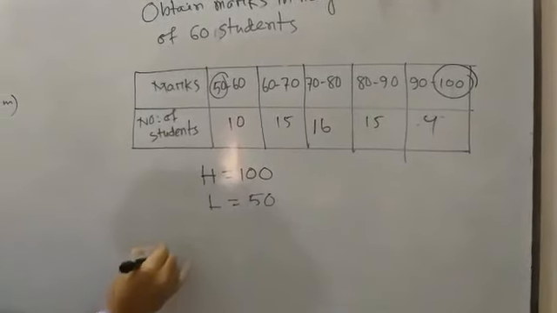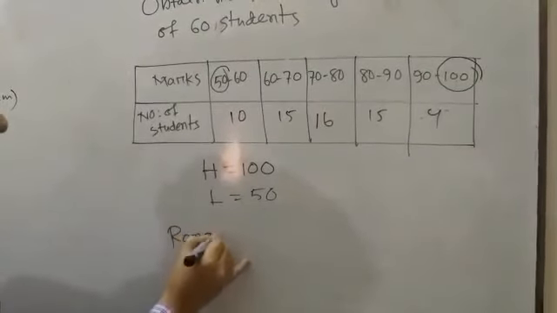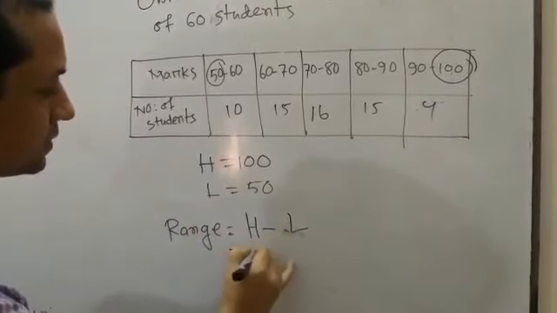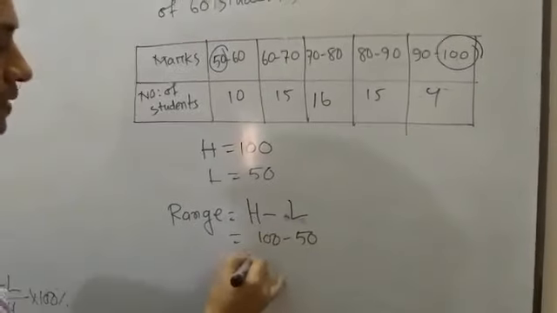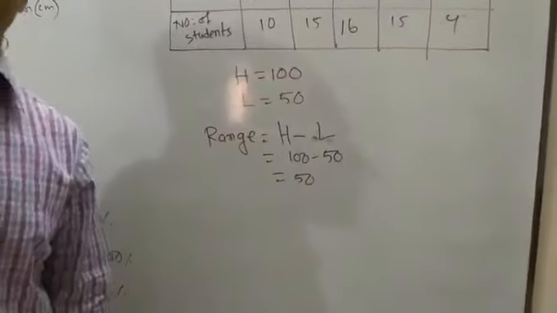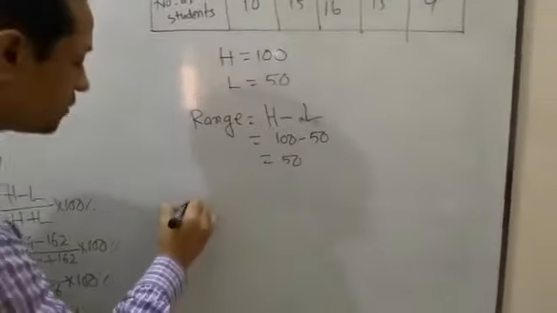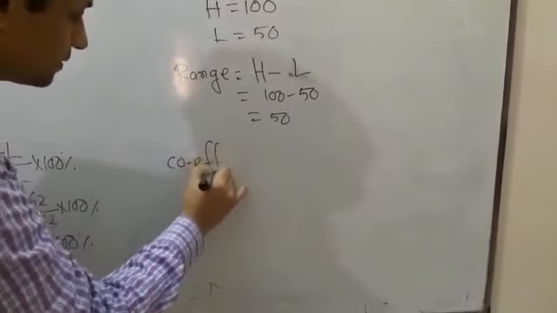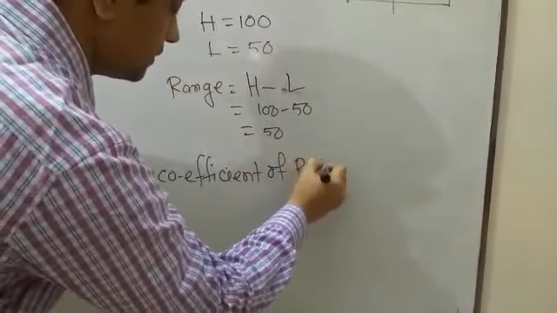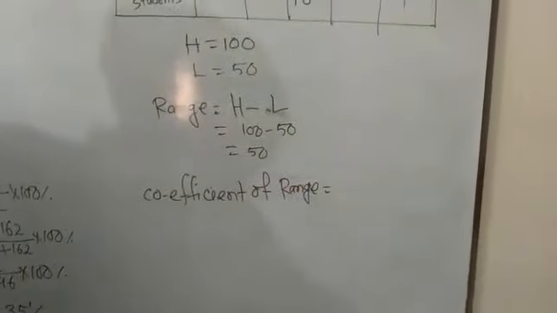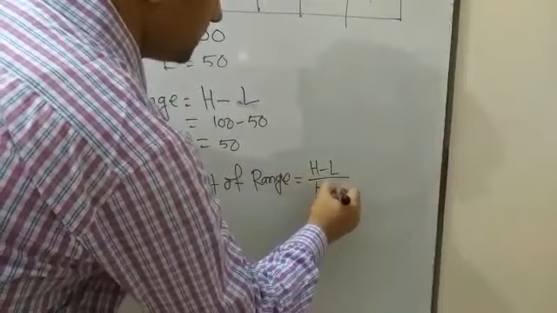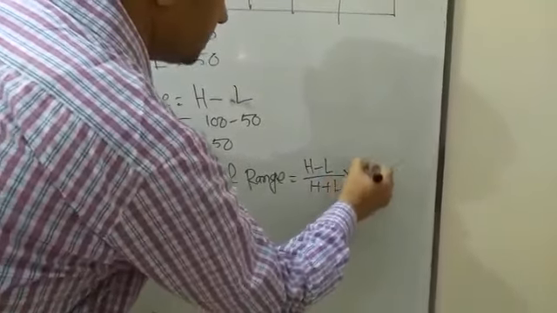Now we know that range equals highest value minus lowest value. So 100 minus 50 equals 50. So range equals 50. Again, we know that coefficient of range equals H minus L by H plus L into 100%.